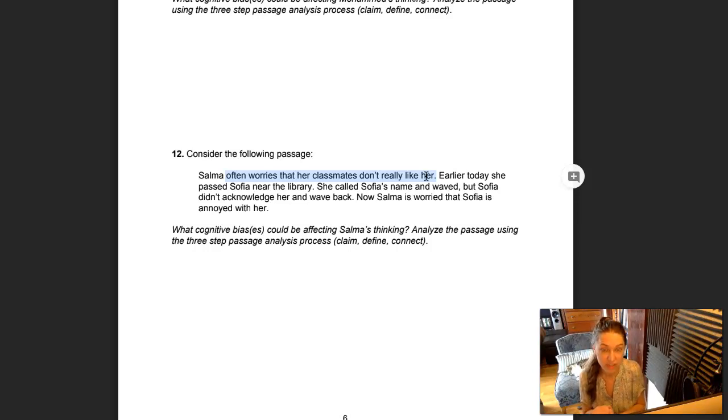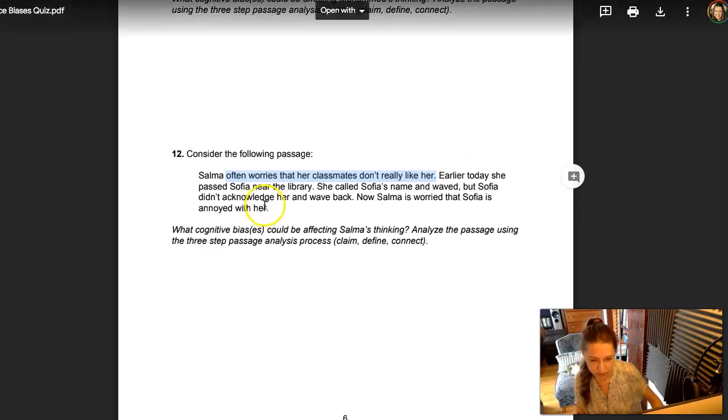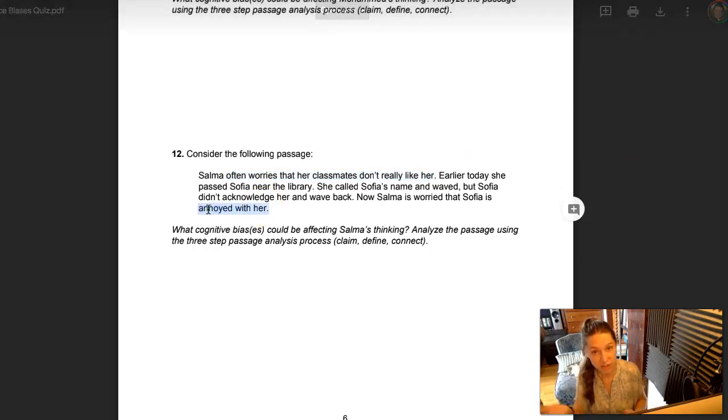That's a good fit because Sophia's behavior is open to interpretation. She could be not paying attention, or she could just be clueless and didn't see it, right? There's more than one interpretation, and which interpretation she has picked, that Sophia must be annoyed, confirms what she already believes.